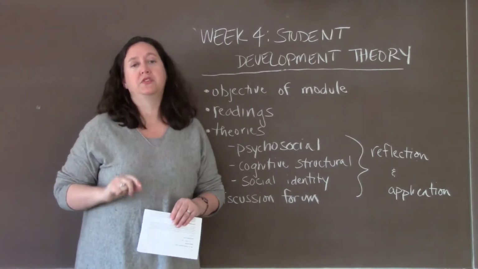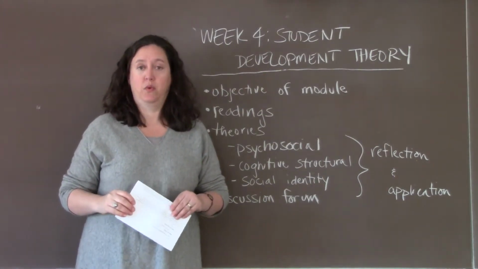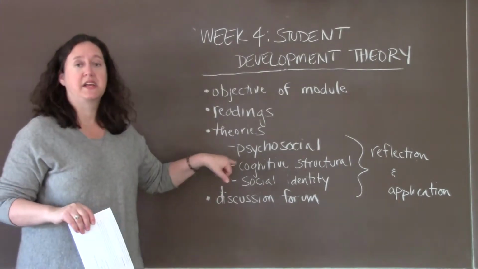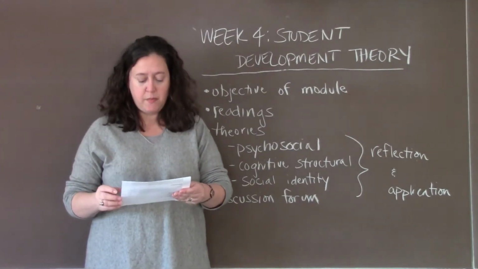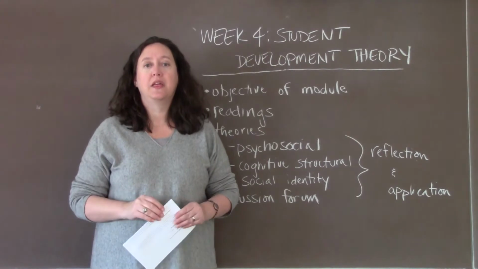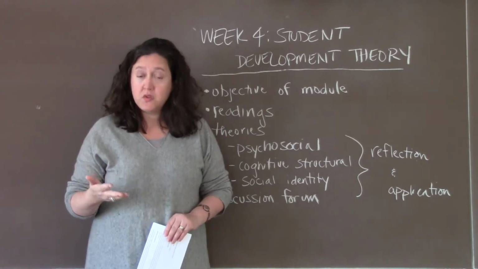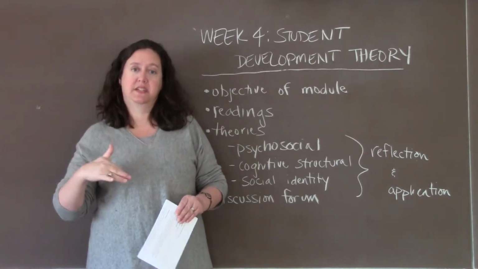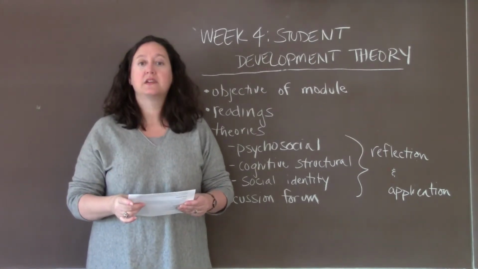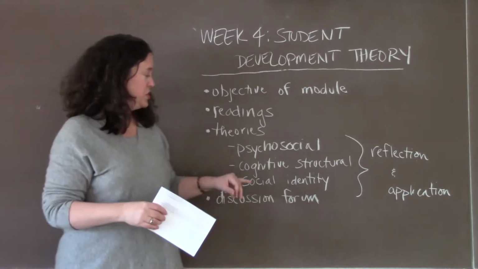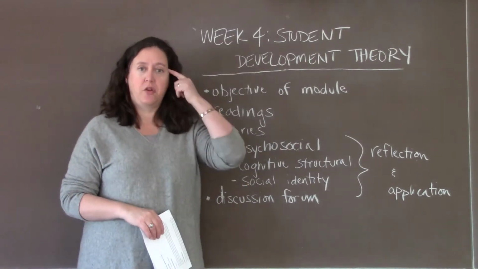We're looking at 3 particular theories this coming week. The first is psychosocial, which is about how groups order what they think is important. So it's about values and importance of ideas. The second is cognitive structural, which is about how people organize their thinking.